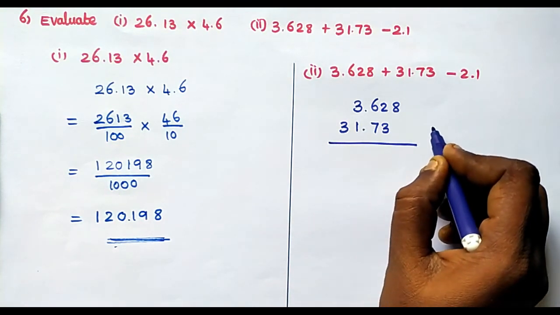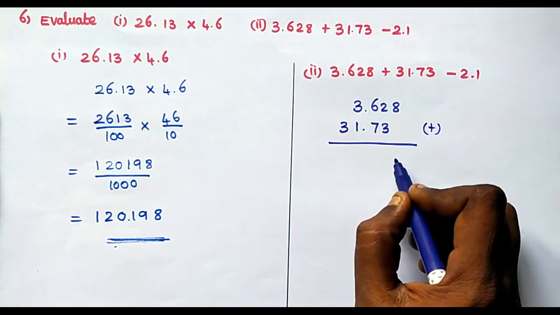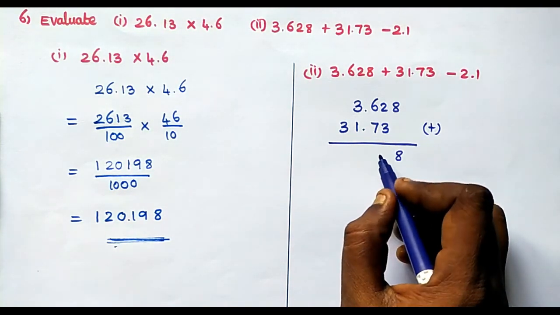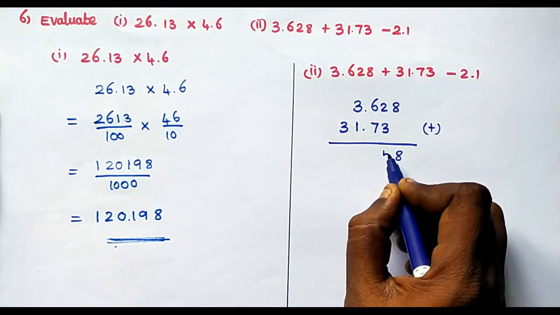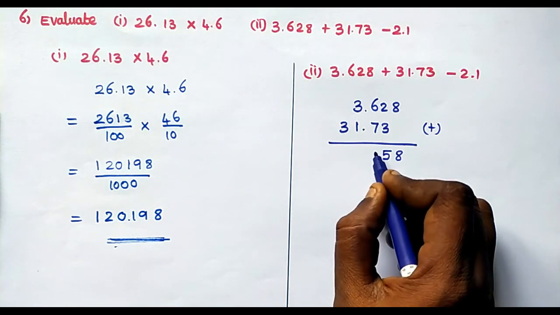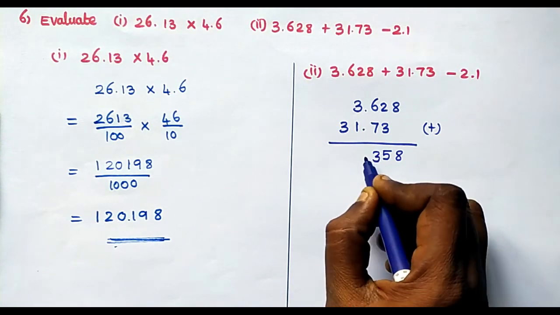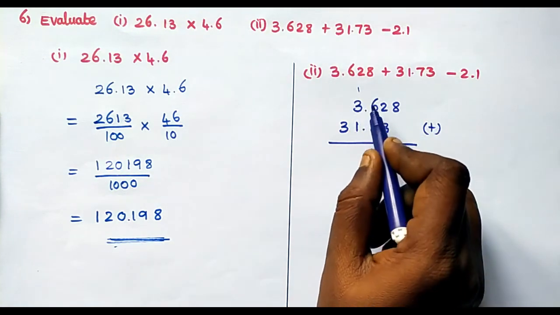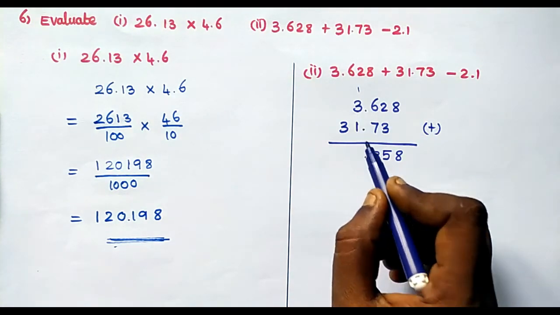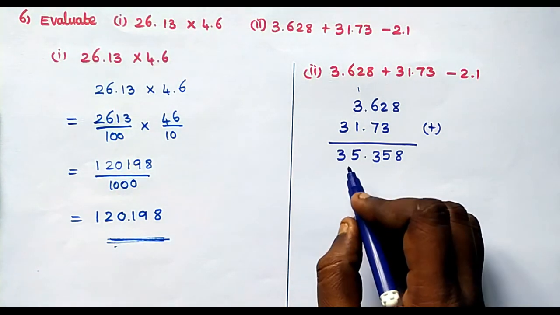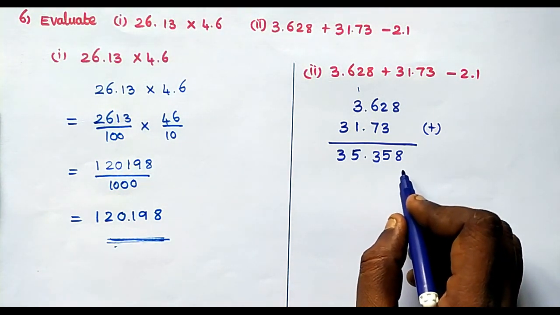Now add these two numbers. 8, 2 and 3 add to 5, 6 plus 7 is 13, carry over 1, 1 plus 3 is 4, 4 plus 1 is 5, and here 3. So 35.358.